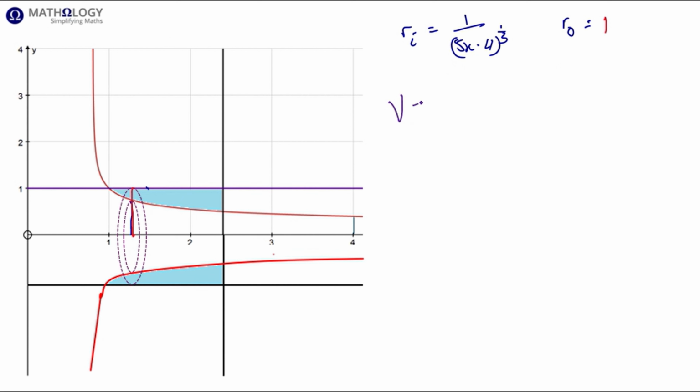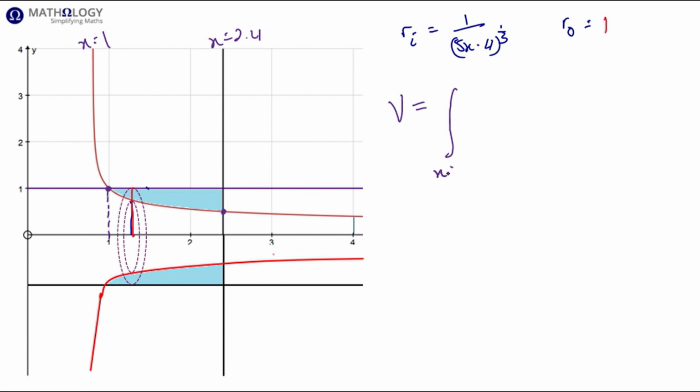So the volume of the solid obtained by rotating the shaded region about the x-axis would be given as the integral from x equals 1, so this is the line x equals 1, to x equals 2.4.